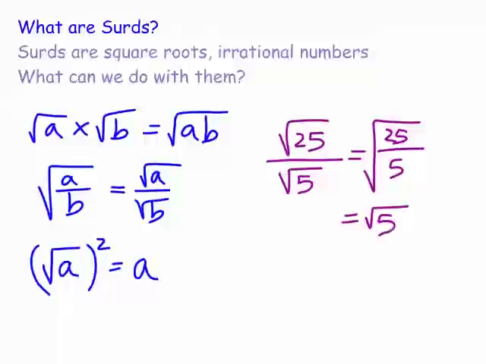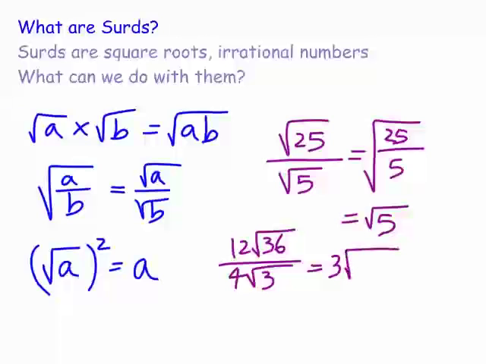What happens if there are numbers at the front? Say, let's say 12 root 36 on, say, 4 root 3. Okay, well, we can just say, well, 12 divided by 4 is 3, so the number at the front will be 3. What goes underneath will be square root of, actually, what's 3 into 36? 12.